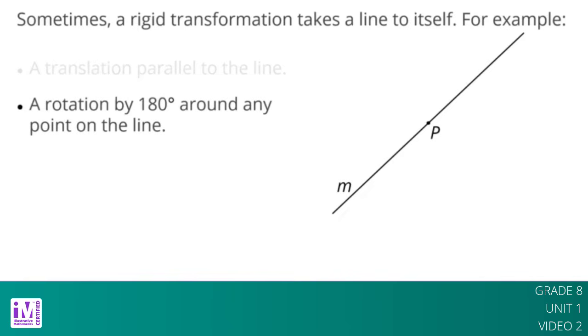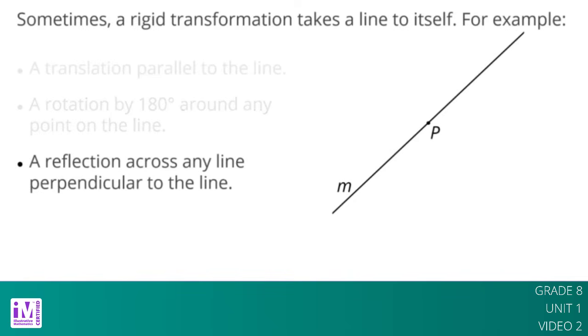A rotation by 180 degrees around any point on the line. Here, a 180-degree rotation of line M around point P will take M to itself. A reflection across any line perpendicular to the line. Here, a reflection of line M across the dashed line will take M to itself.